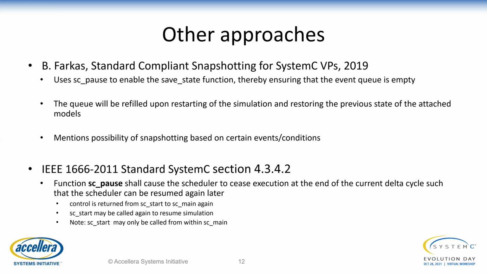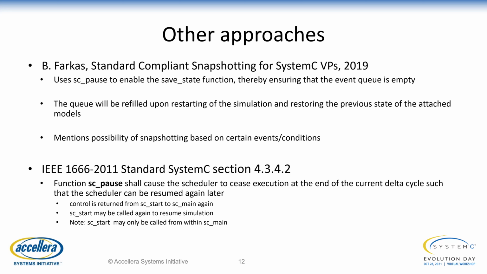There he used what's standard available in SystemC, the sc_pause, to basically pause the simulation, doing his snapshotting, and later on doing the sc_start again. And in his thesis, he mentions the possibility of snapshotting based on certain events and conditions. So when I saw that, I thought, hey, that is an interesting concept. Why don't I use the sc_pause myself?